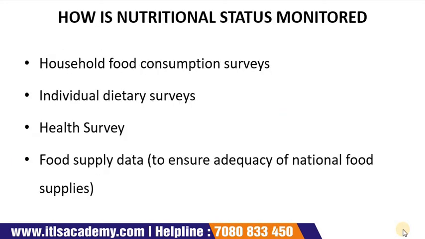So the question arises, how is nutritional status monitored? Firstly, the first survey is the household consumption survey. The household consumption survey is an example of a national food survey which comes under the DH.